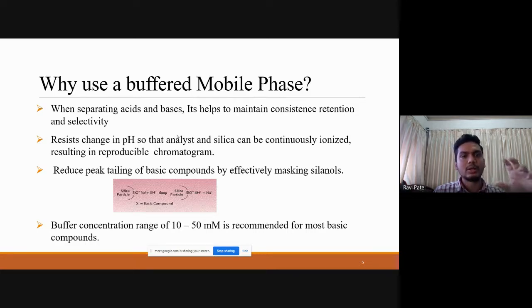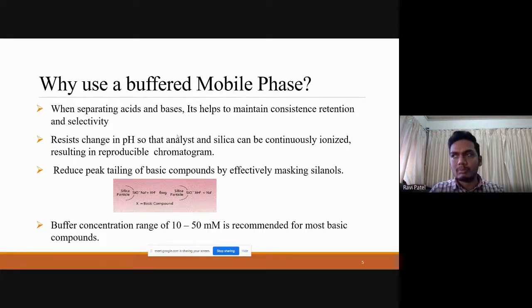That's why buffer is incorporated in industries. As I have written here, when separating acids and bases, it helps to maintain consistent retention and selectivity. It resists change in pH so that analytes and silica can be continuously ionized, resulting in a reproducible chromatogram.